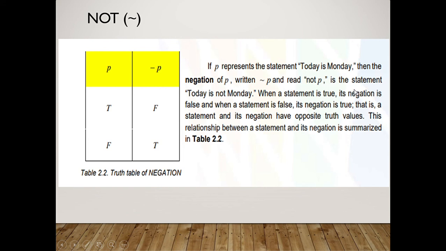What does not mean? It means the opposite. In the truth table, truth values can be true or false. If P is T, not P is F. If P is F, not P is T. So true, false, false, true. It is the opposite.